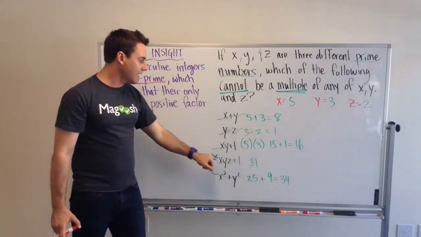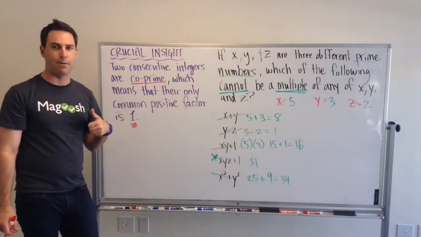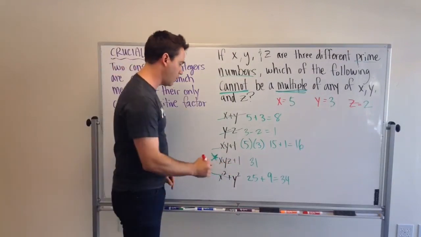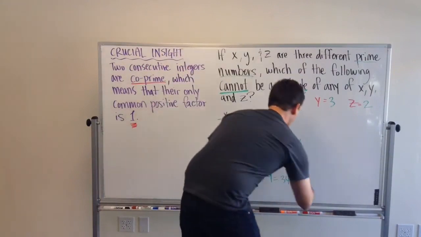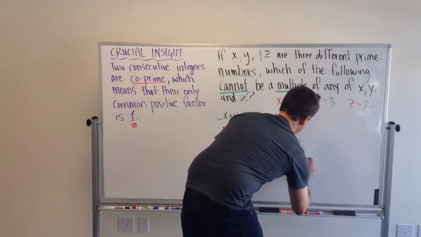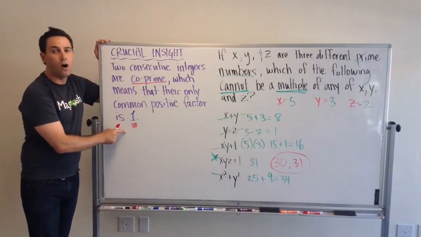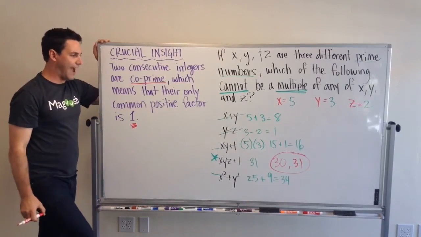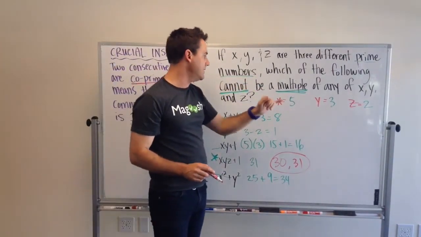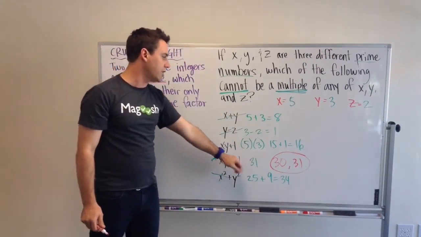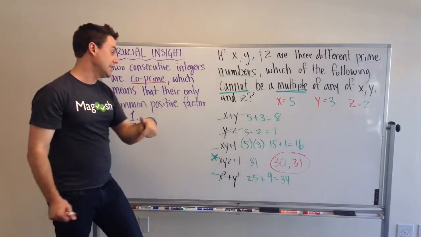But x times y times z plus 1 is the next consecutive number. So in this case, x times y times z would have been 30, and then the next consecutive number would have been 31. Looking at these two numbers, you would know, because of co-prime, that 1 is the only common factor. Thus, x times y times z plus 1, 31, cannot be a multiple of x, y, or z.